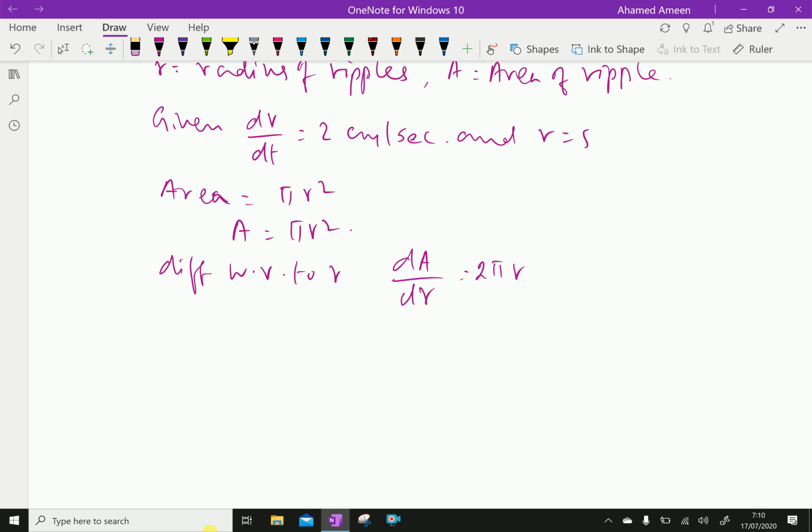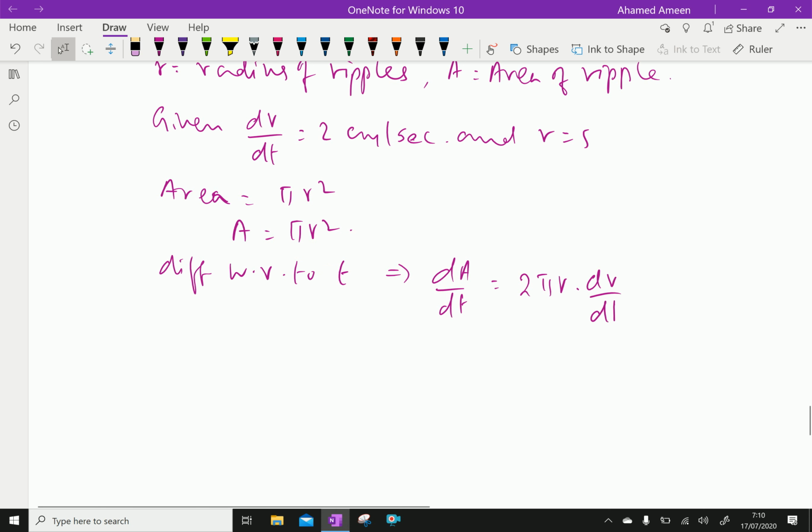Now differentiating with respect to time t, dA by dt, it is in terms of r, so we have to differentiate 2 pi r. But we have to find dA by dt, that is why we have to differentiate r with respect to time, that is dr by dt.